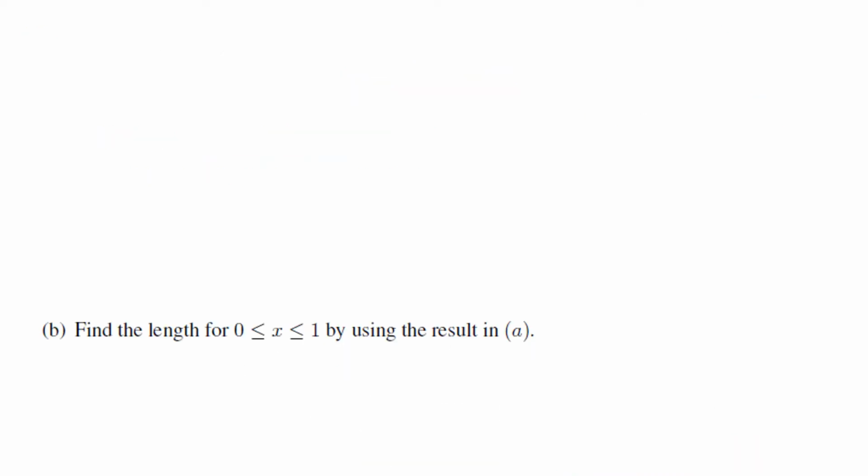That means your solution is going to be s(x), which is the integral from 0 to x, where 0 is the starting x coordinate, and then what we have is the square root of (1 plus 2t squared) squared, dt.